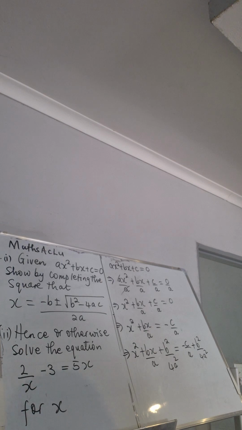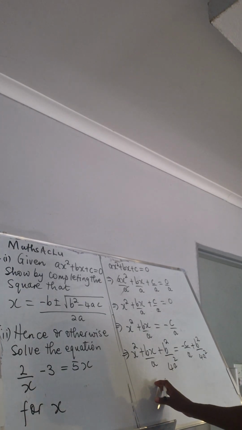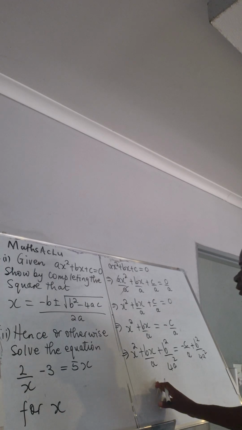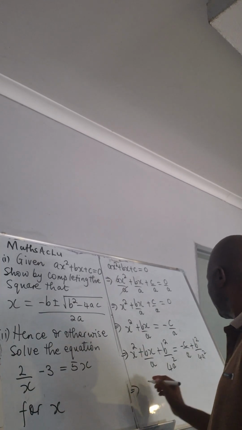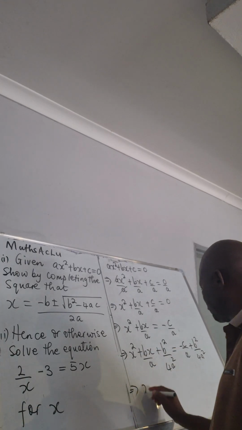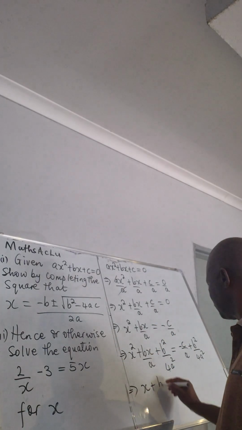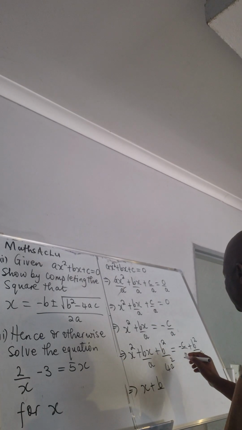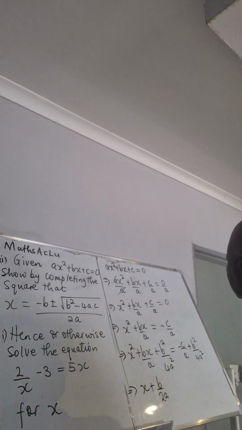It's like that. So now, the left-hand side is now a perfect square. So we are going to say, we factorize it as before. So this is going to be x plus the square root of this part, which is b over 2a.